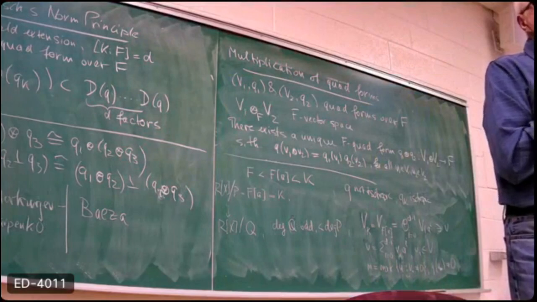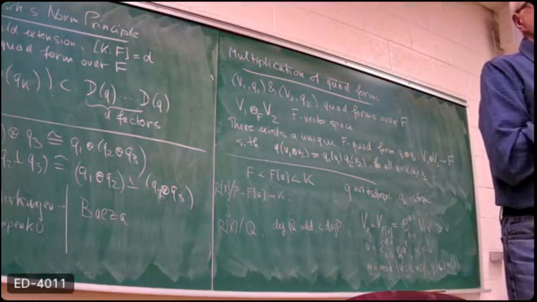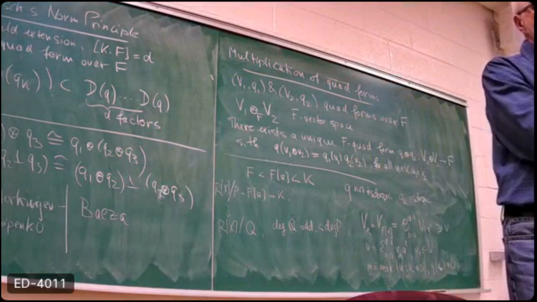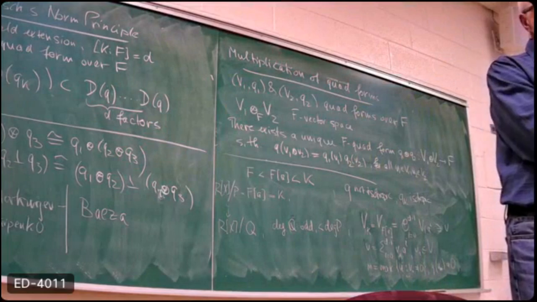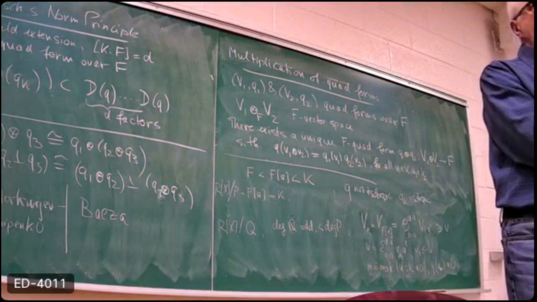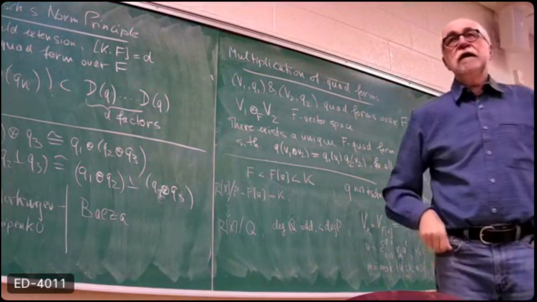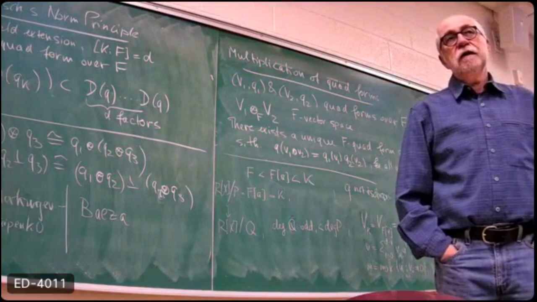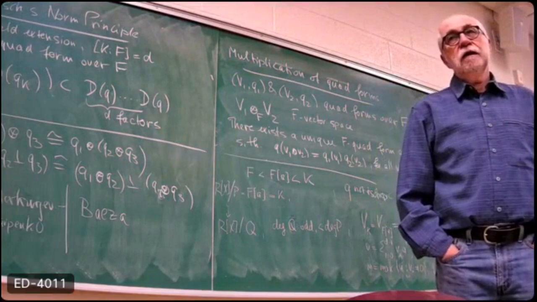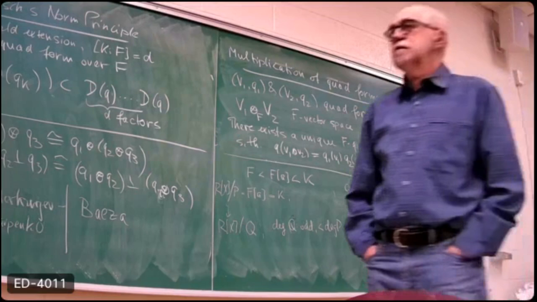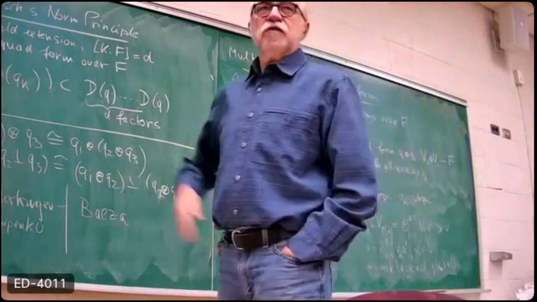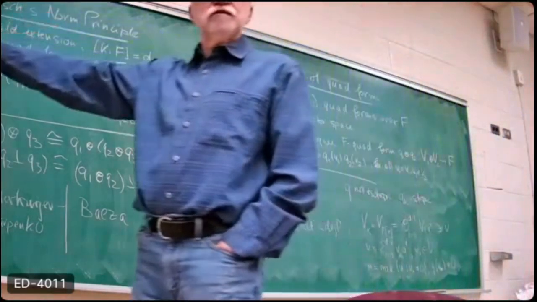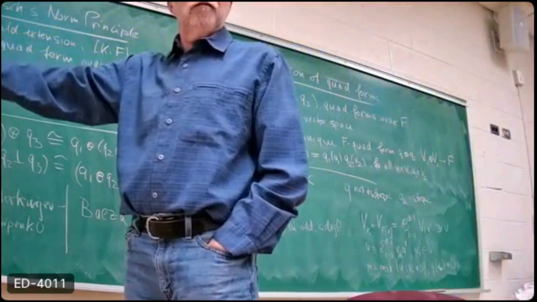But very few people understand, because they're far from interesting. It's hard. Because, for example, quadratic forms are defined by being homogeneous of degree 2 and the associated bilinear form.